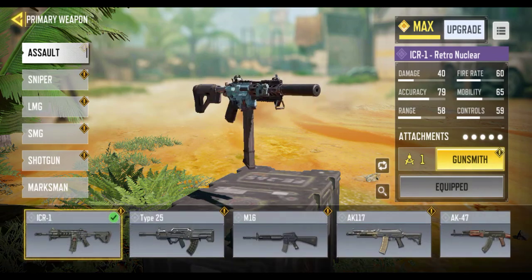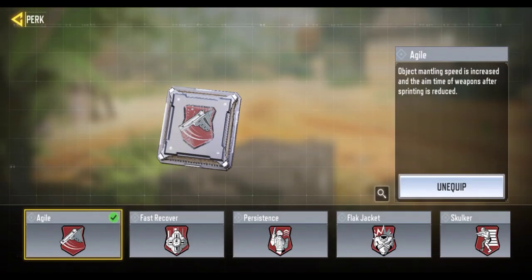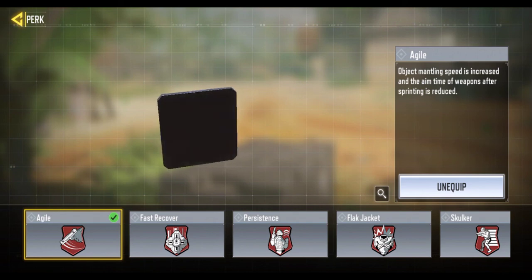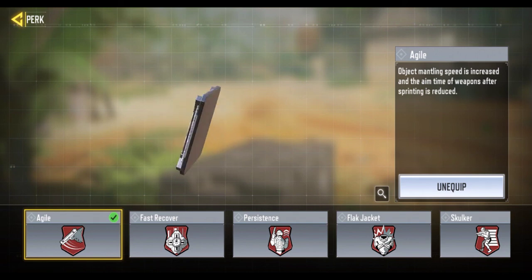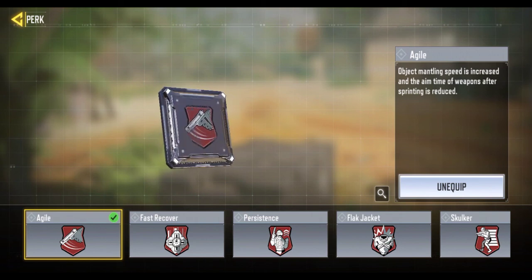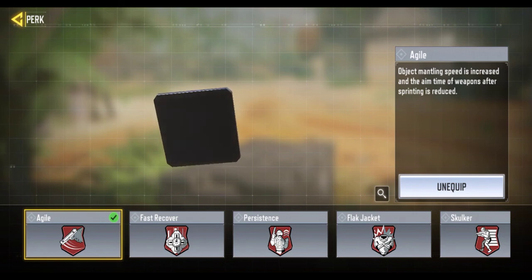So see, I use this, Agile. Everyone knows what Agile is. If you are going at your fastest movement speed, the object magnetic speed is increased and the aim time of the weapon after sprinting is reduced.